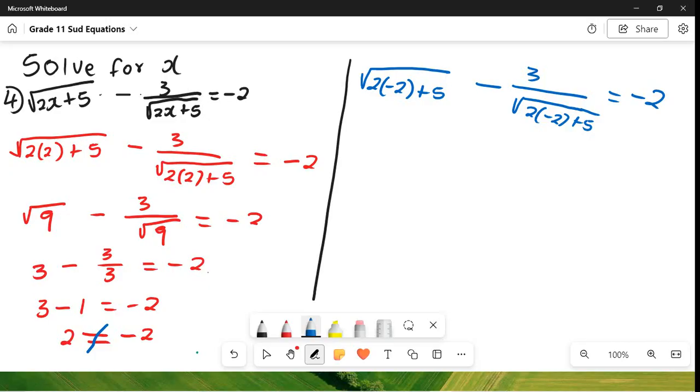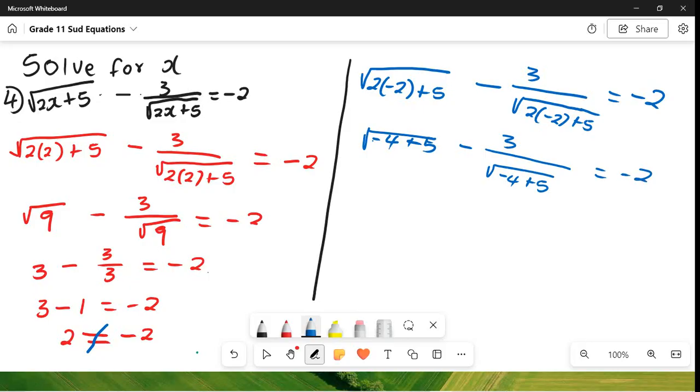So what is 2 times -2? That is -4. Square root of -4 plus 5, minus 3, over... What is -4 plus 5?